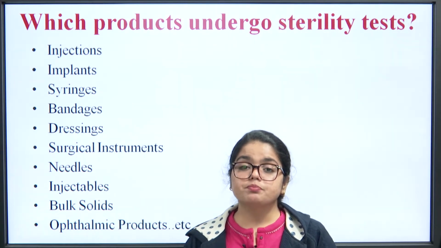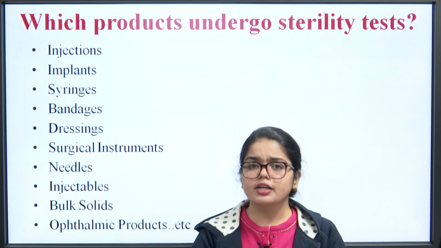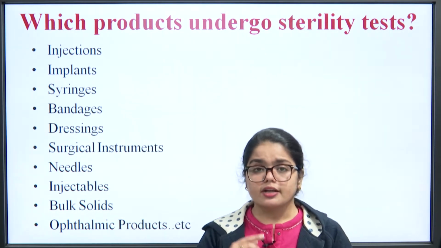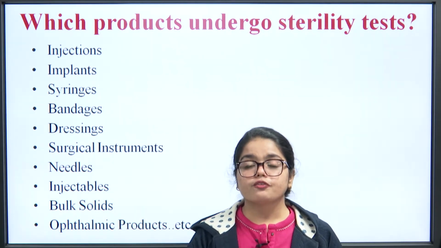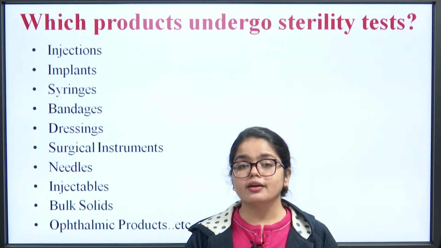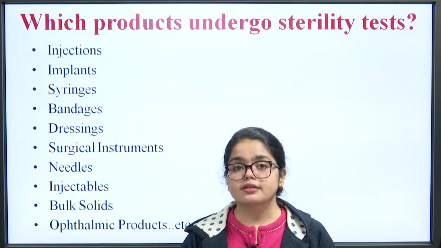Why implants? Because implants are also placed within the body, either subcutaneous or in deeper portions. They cut a patch either from your upper arm or from your thigh, place the implant, and then stitch it up again. So it is beyond that subcutaneous layer.